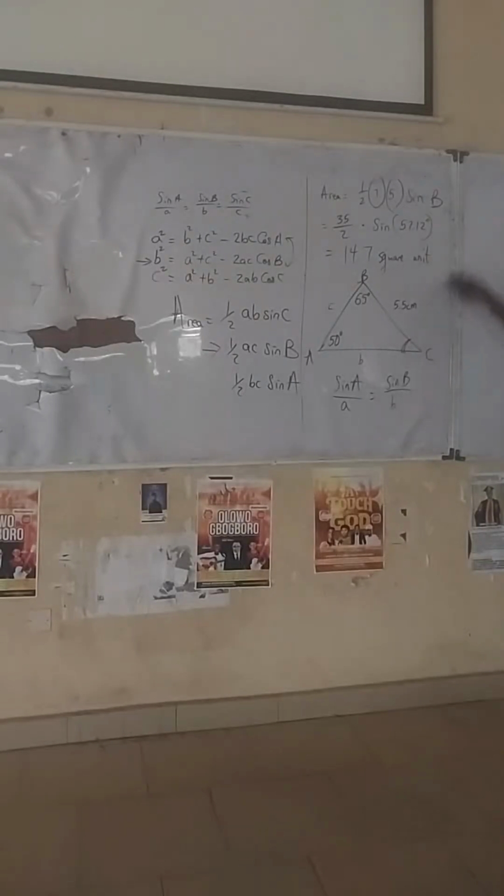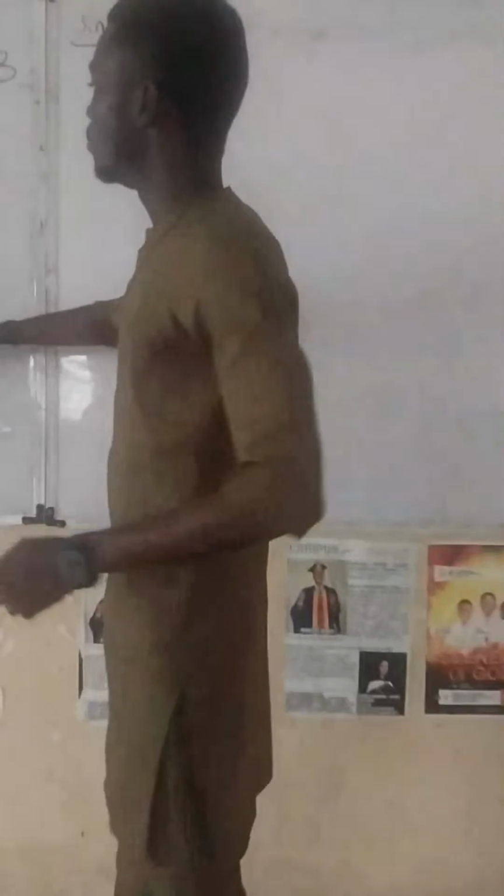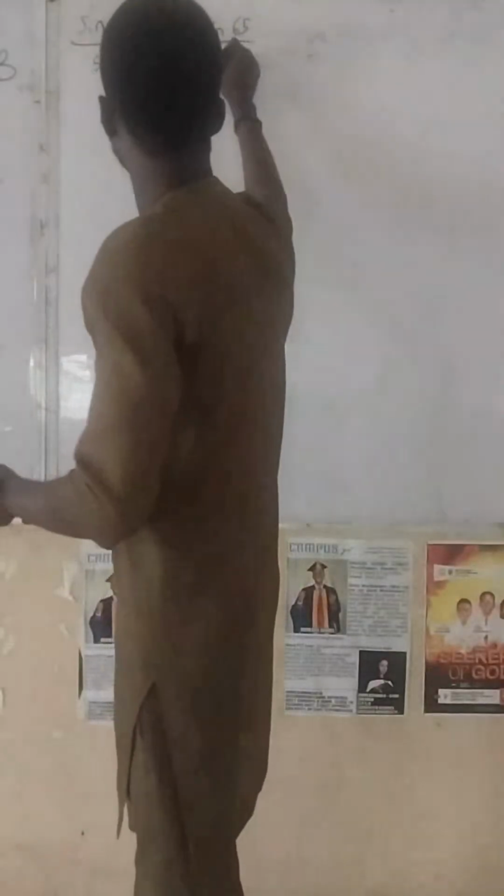Now, if you are using this, that was the sine. A is 50. That's sine 50 all over small a, which is 5.5, equals to B is 65, sine 65 all over small b.